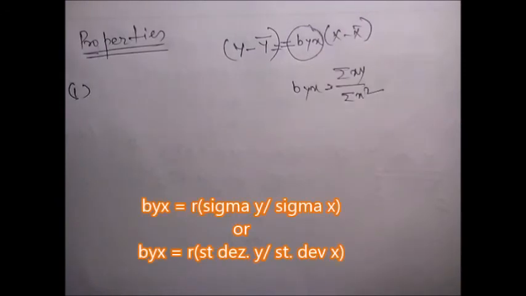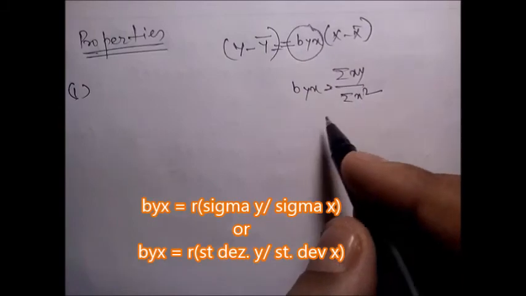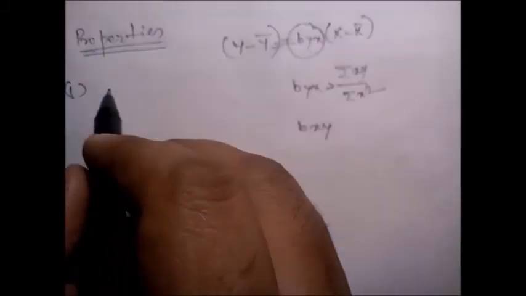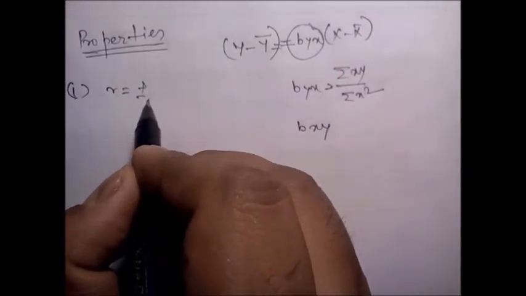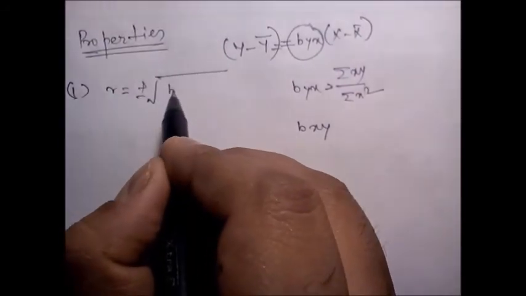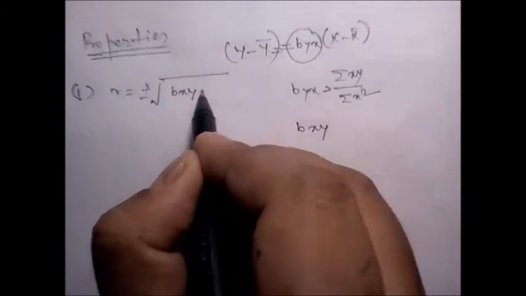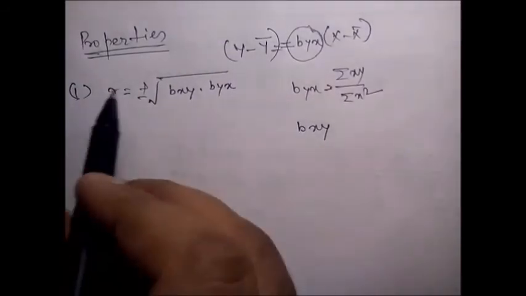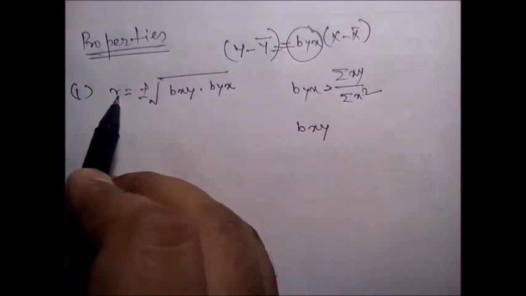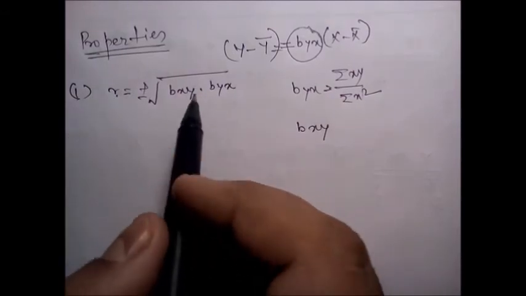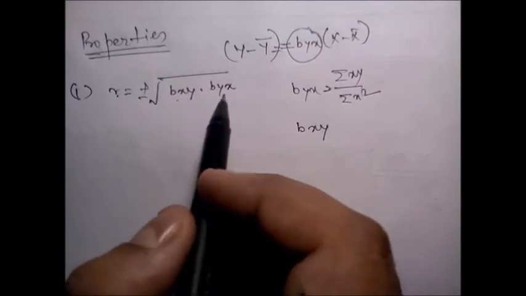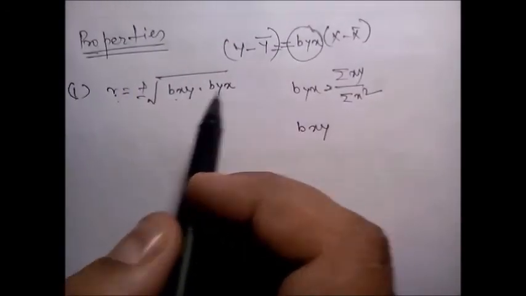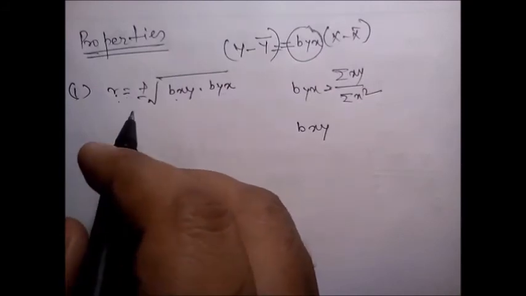Two coefficients are there, byx and bxy. The geometric mean between bxy and byx is nothing but r. So if both byx and bxy are negative, r will be a negative value, and if bxy and byx are both positive, then r will be a positive value.